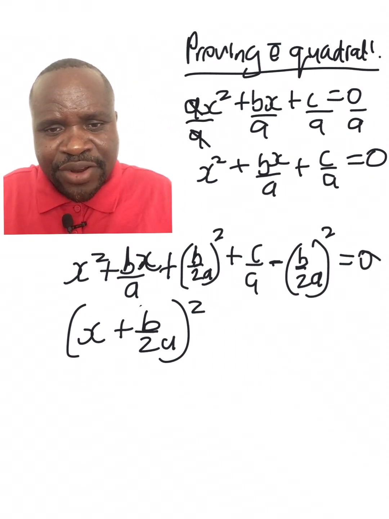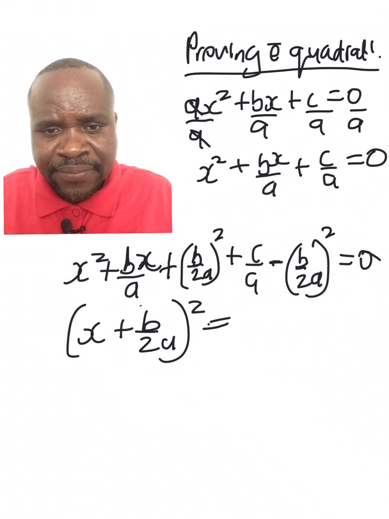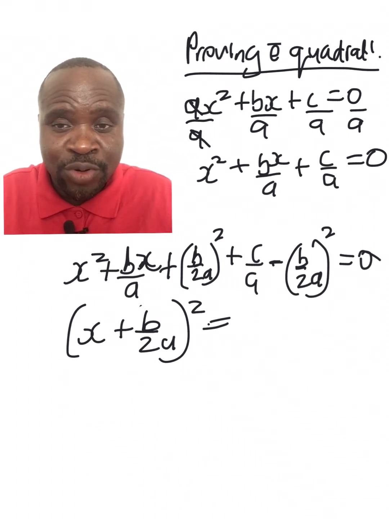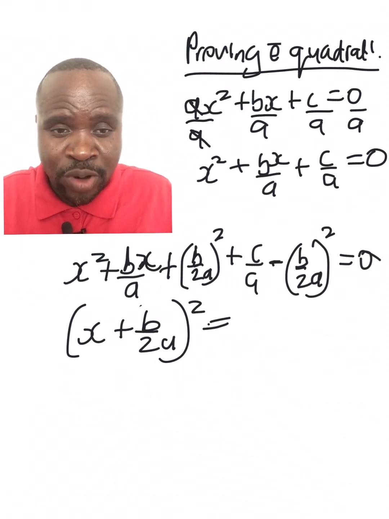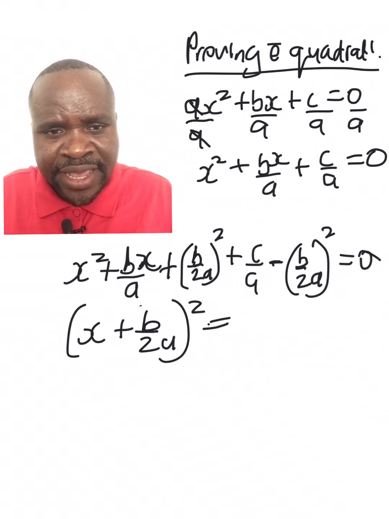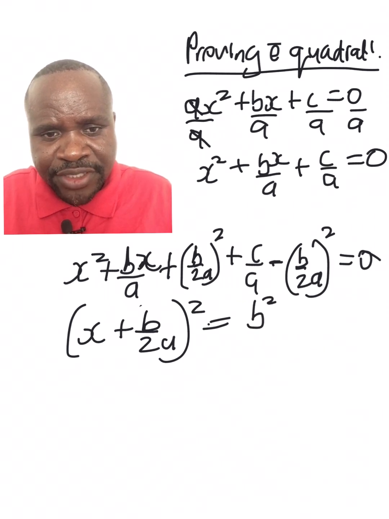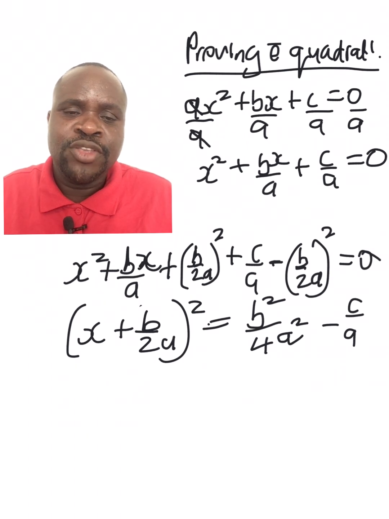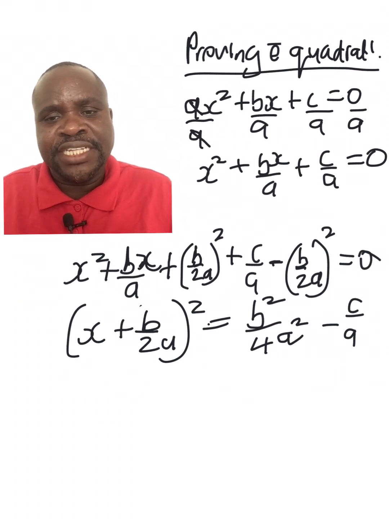And then we take these others onto the other side of the equal sign, of which b, when you just square, becomes b squared over 4a squared minus c over a. You see? So now we have it in this form.